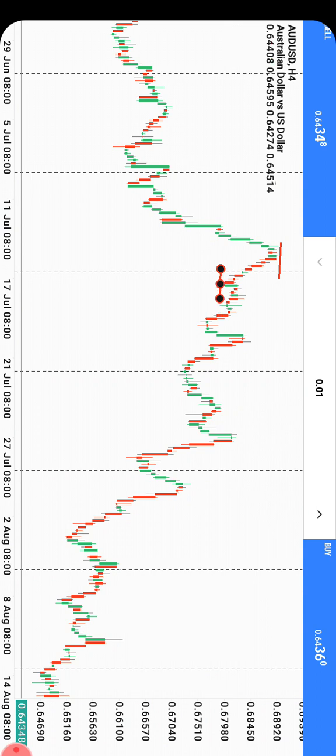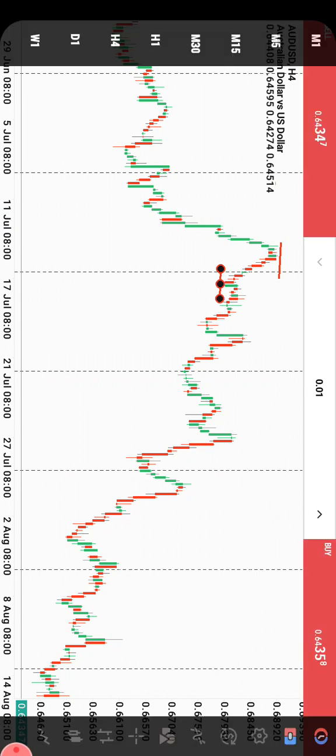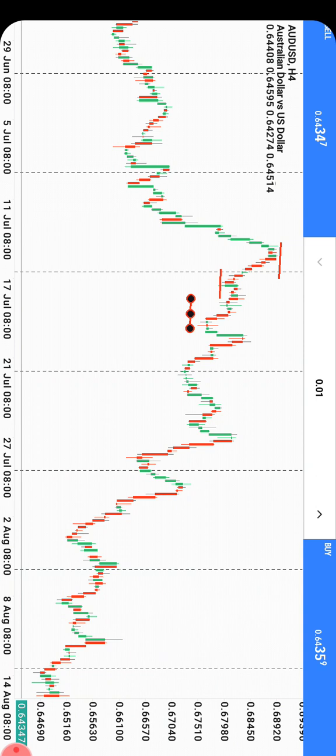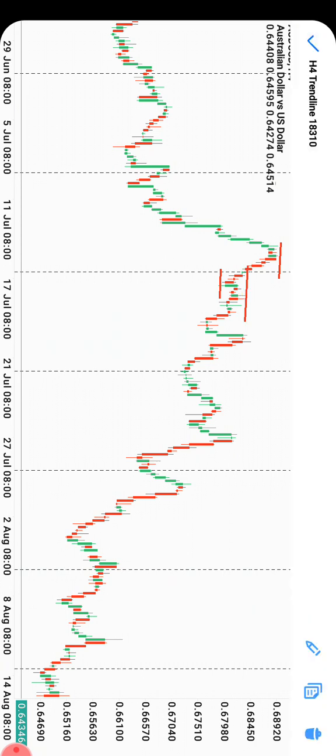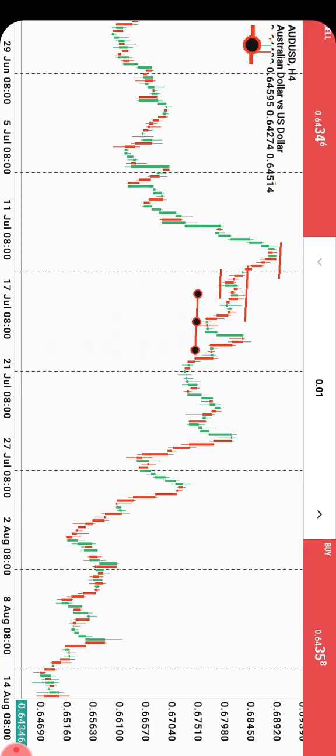Do you see that now? I'm going to duplicate this as well. Then from this low the market did not just continue to go down, rather it went up. So this is another higher high. Then from the higher high again, the market came down here. That's a higher low.